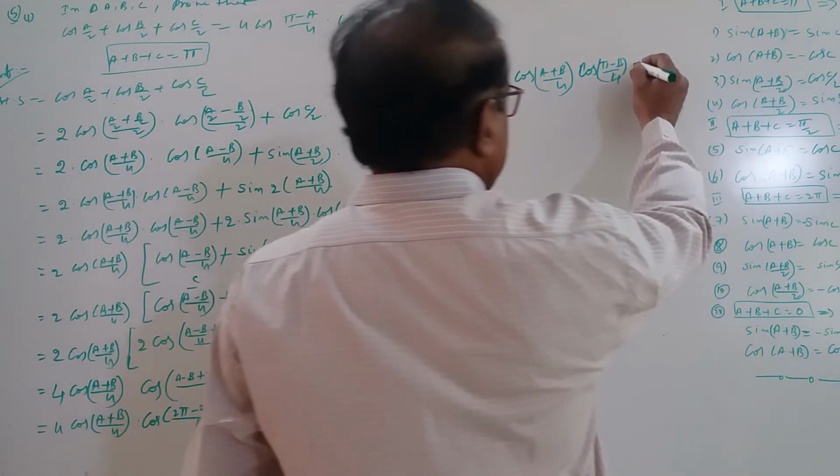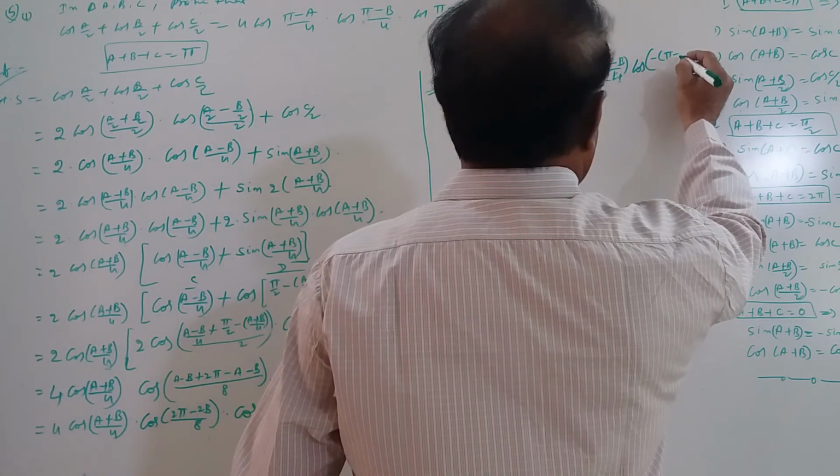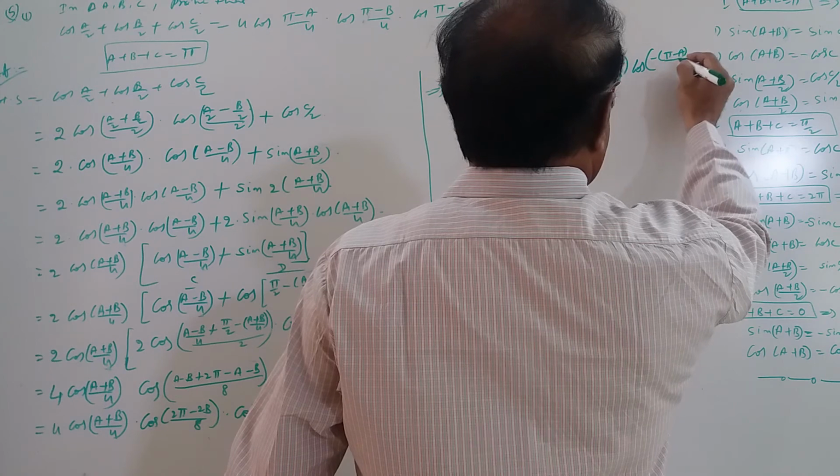This can be written as cos of minus of (pi minus A) by 4.